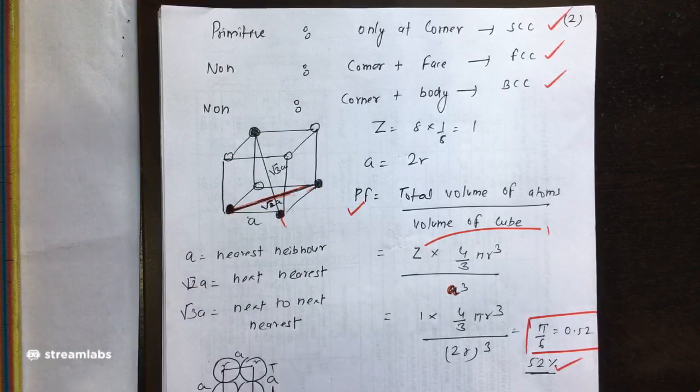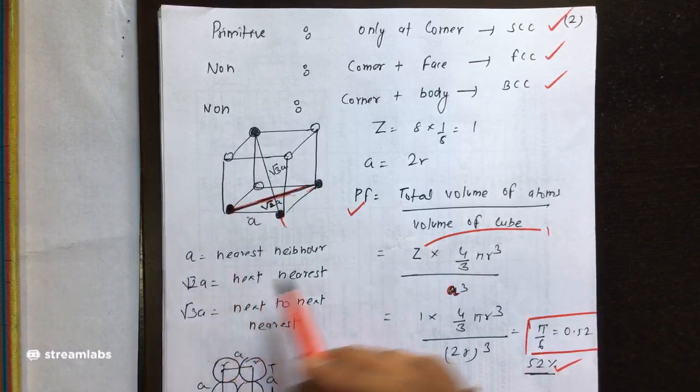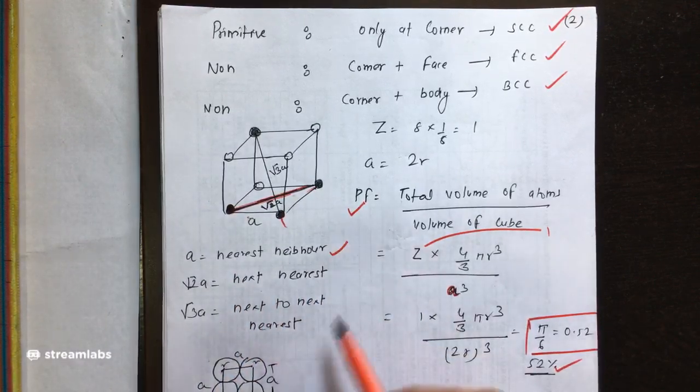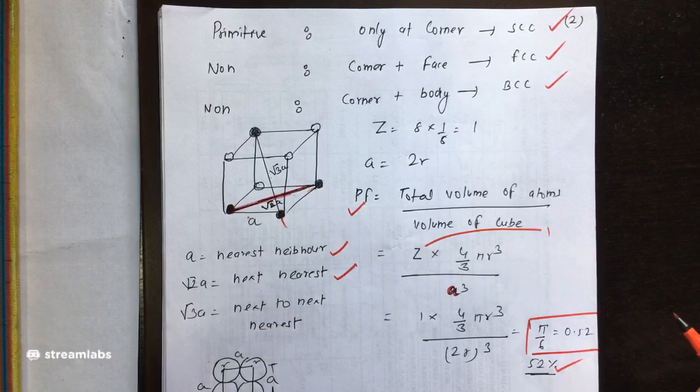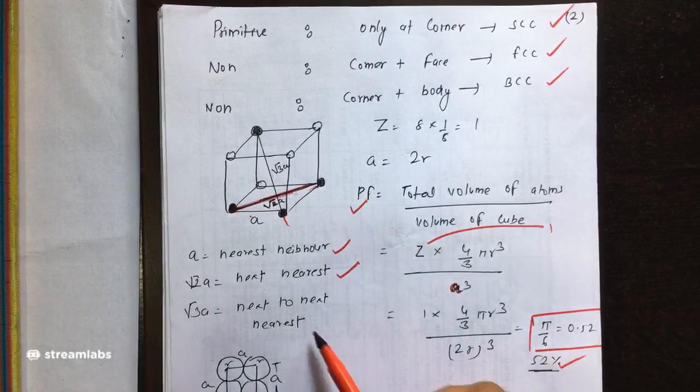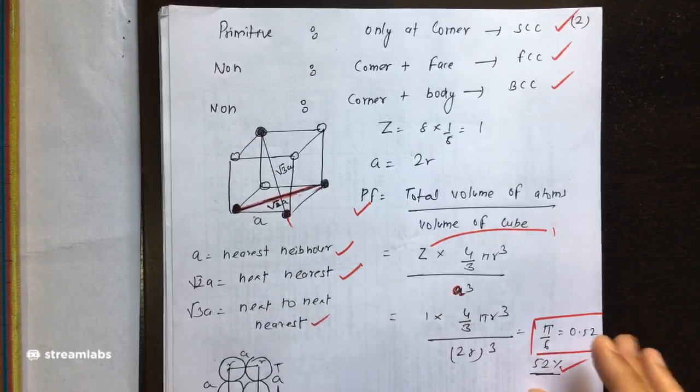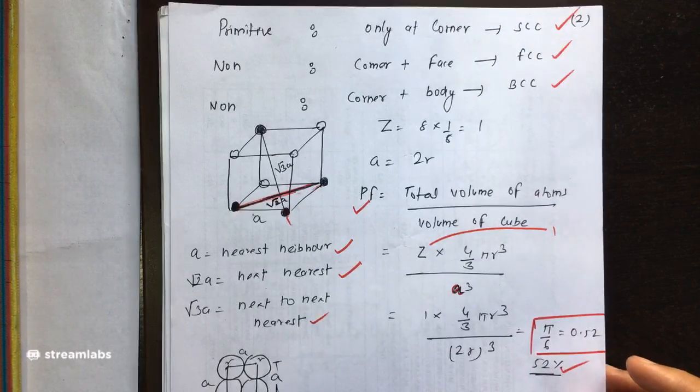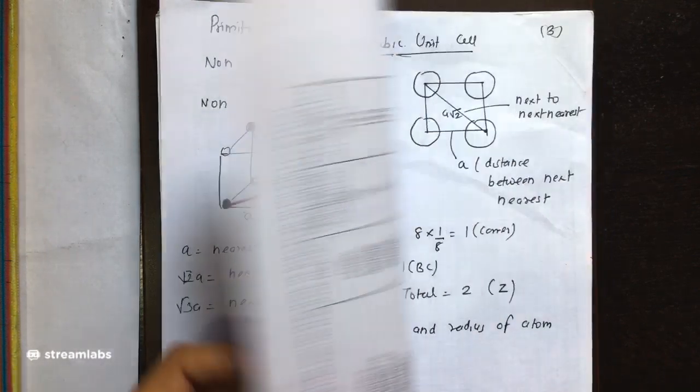So in case of SCC, the nearest neighbor is A. Second, the next nearest is root of 2A, along the face diagonal. Next to next is root of 3A, which is along the body diagonal. So this is what we have talked about.